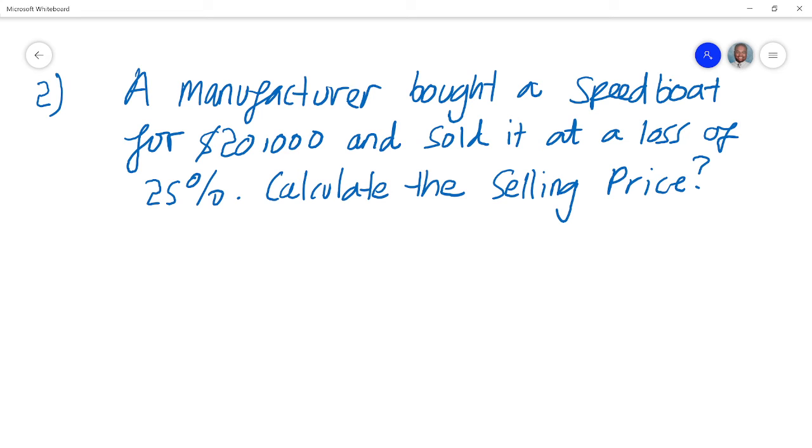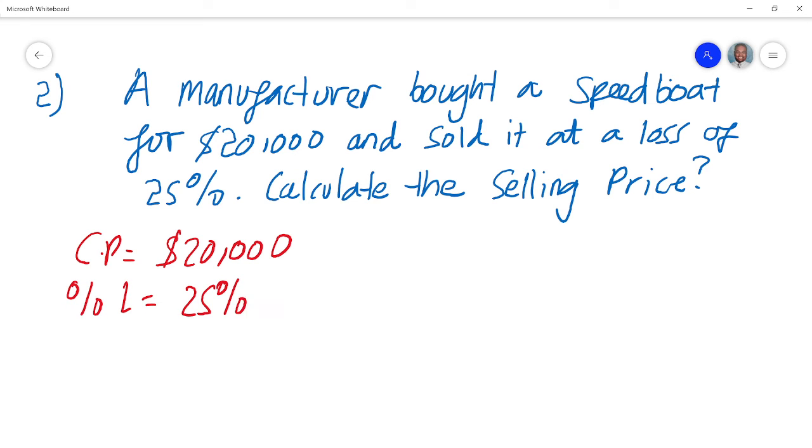Let's write down what information we have here. My CP is $20,000 and my percentage loss is 25%. We now need to find out my SP, which is my selling price. There are two steps we can use to work this out.